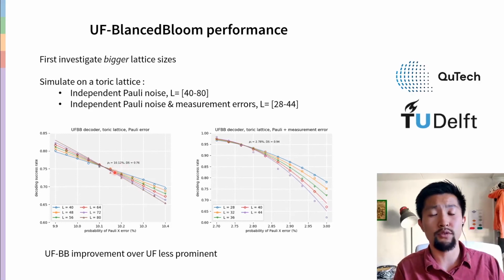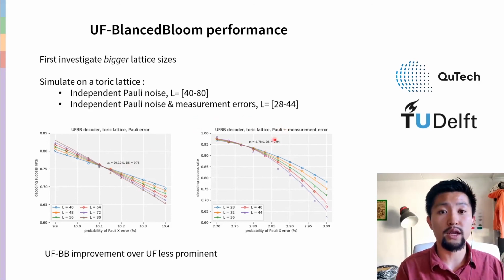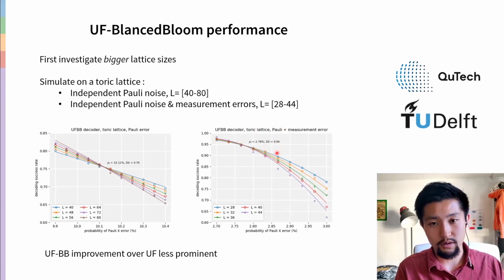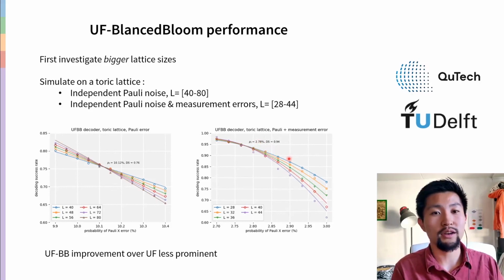So it's still an improvement. It's still better than 10.10%, but it's less than the 10.25% we got. And in terms of the 3D case, it goes back to 2.78%. So it's still a 0.1% improvement, but it's less than the 0.15% improvement that we got earlier.